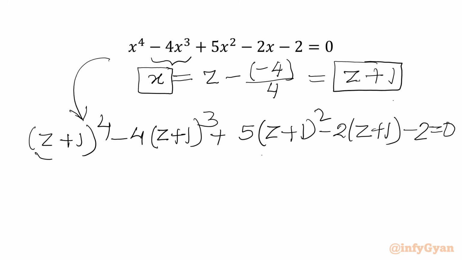Now we have to expand (z plus 1) whole power 4, (z plus 1) whole cube, (z plus 1) whole square. Using the Pascal triangle method, we know the expansion coefficients of power 4 are 1, 4, 6, 4, 1.